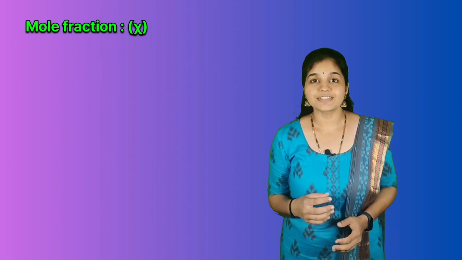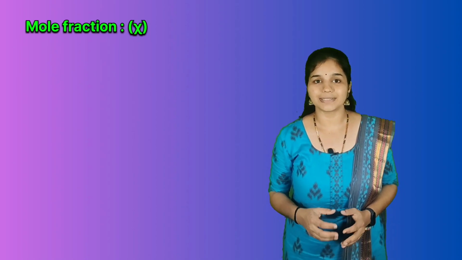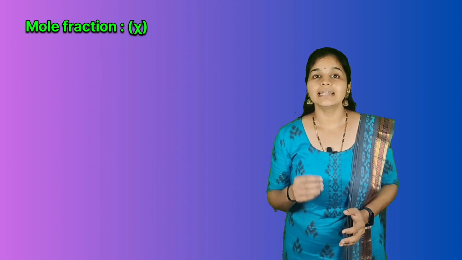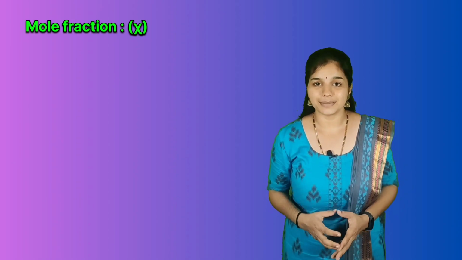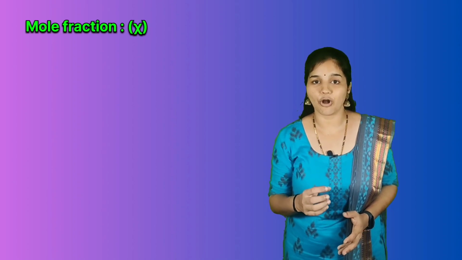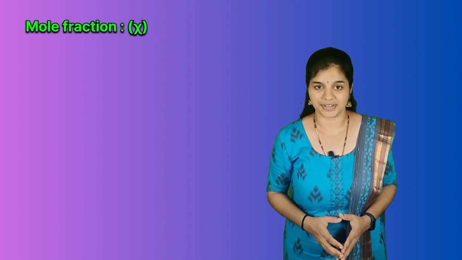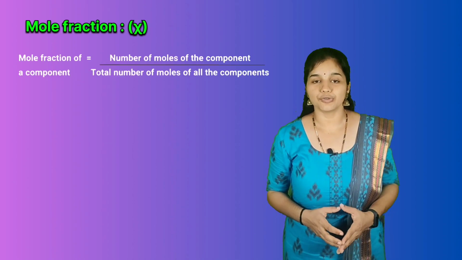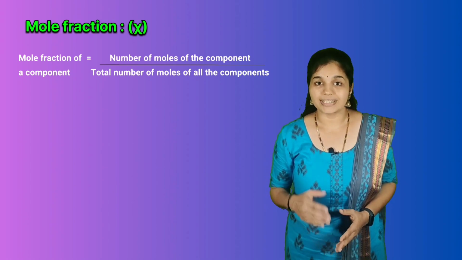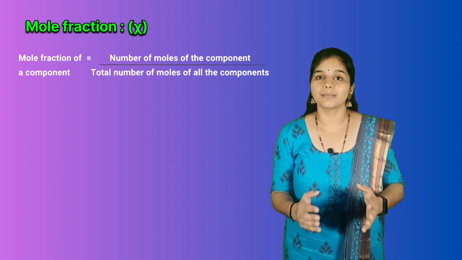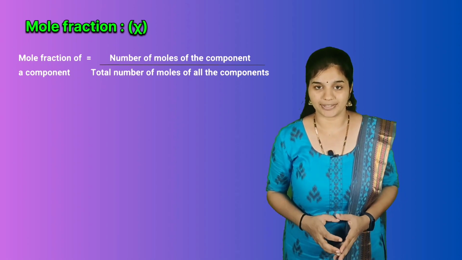Mole fraction is commonly represented by the symbol chi, and a subscript is used on the right hand side of the symbol chi to denote the component that we are representing. Mole fraction of a component is equal to the number of moles of the component divided by the total number of moles of all the components.